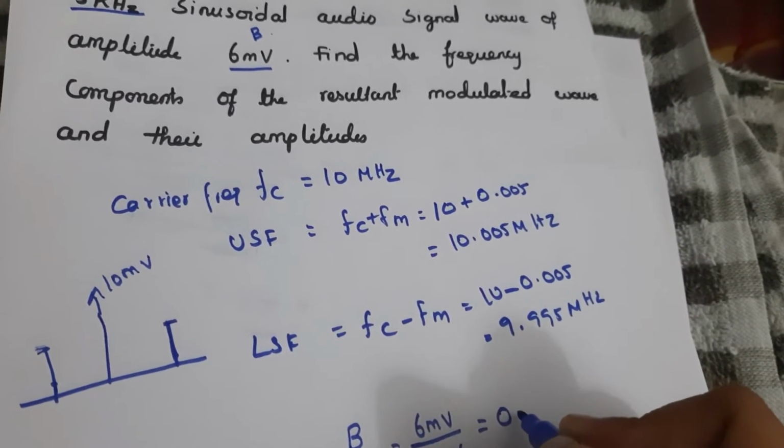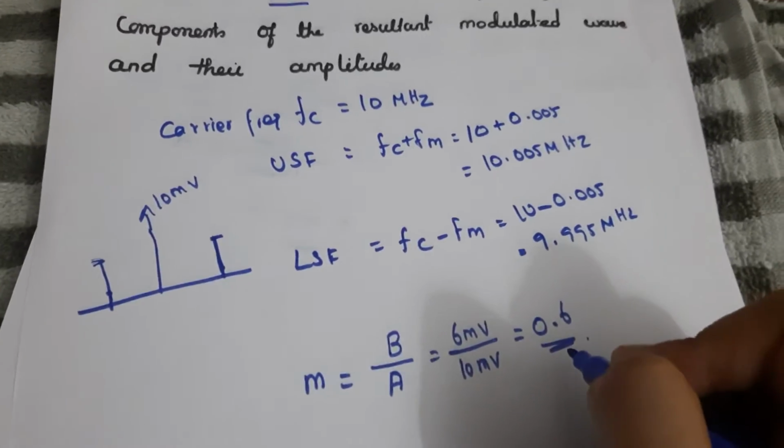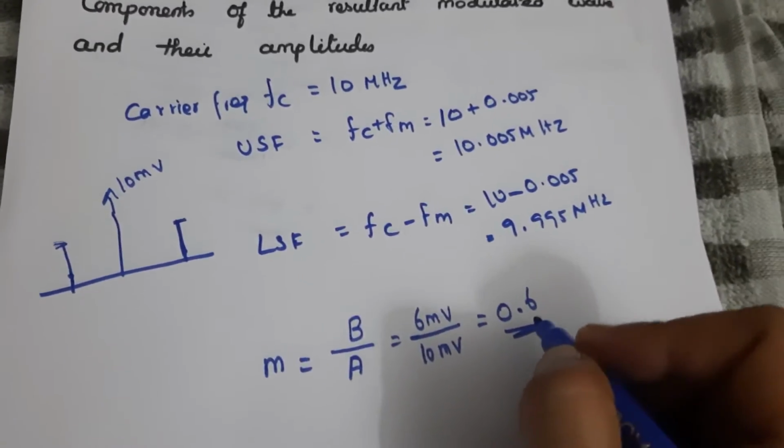So the value here is 0.6. So the M value is 0.6.